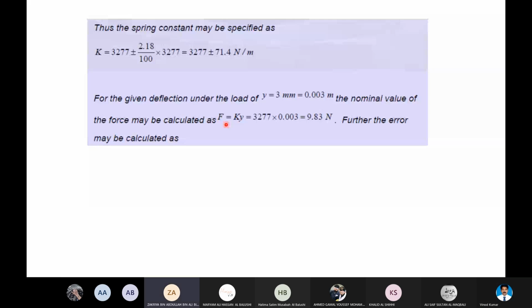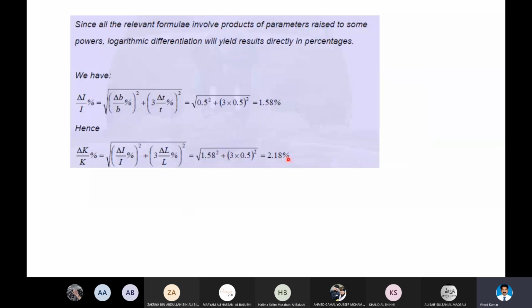Delta F over F equals the square root of (delta K over K) the whole square plus (delta Y over Y) the whole square. That's it. Delta Y over Y is 0.5. Delta K over K we calculated here as 2.18.